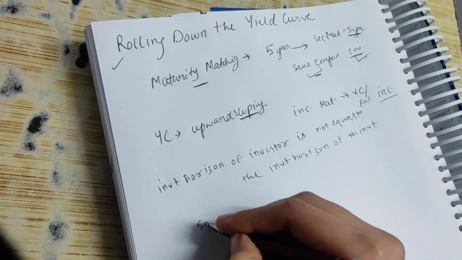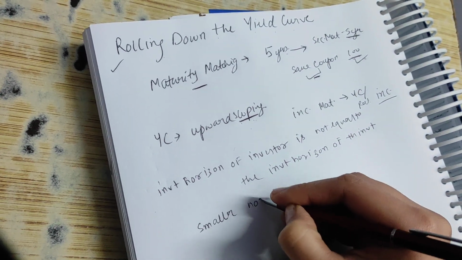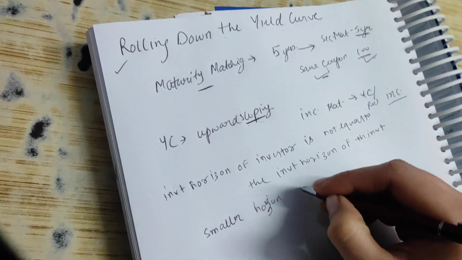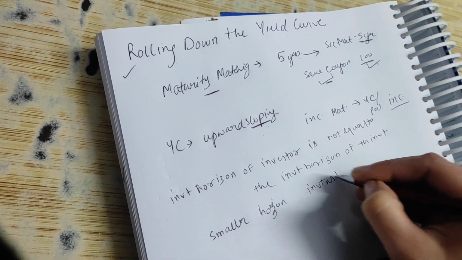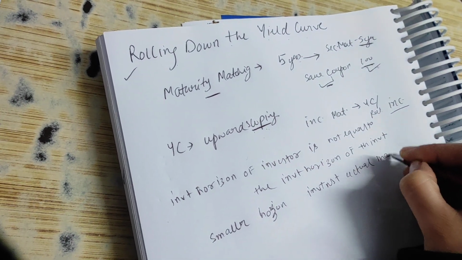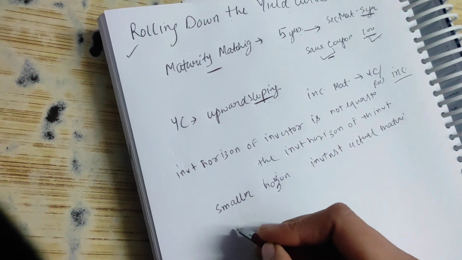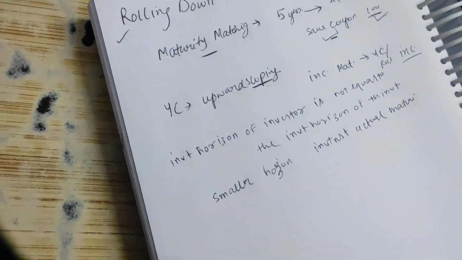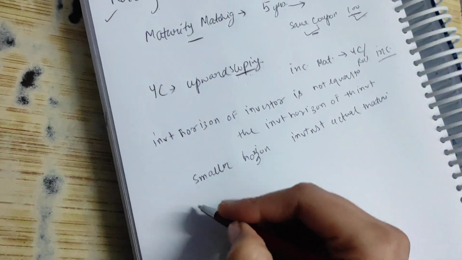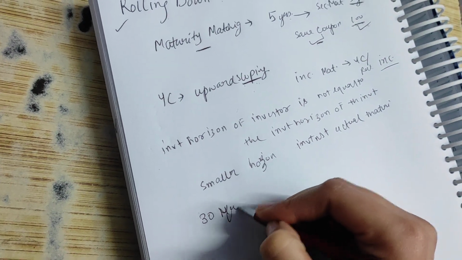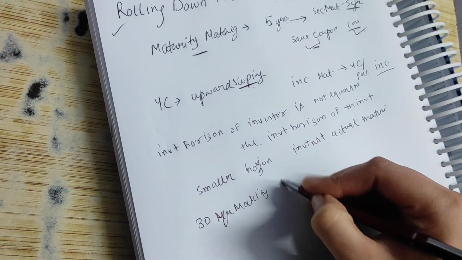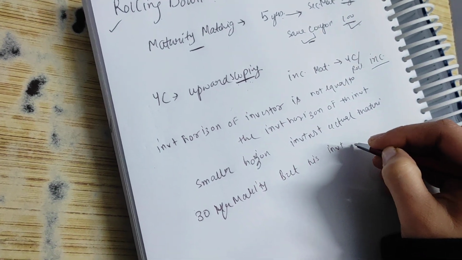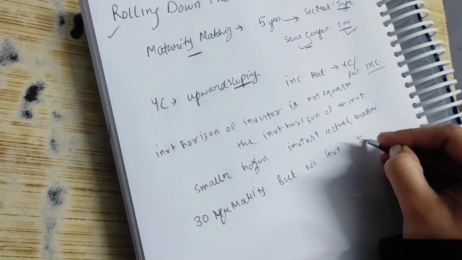He has a smaller horizon than the investment's actual maturity, right? For example, he purchases a bond with a 30-year maturity, but that investor's investment horizon is actually 5 years.